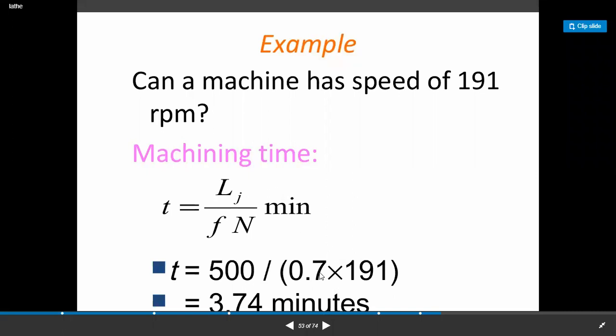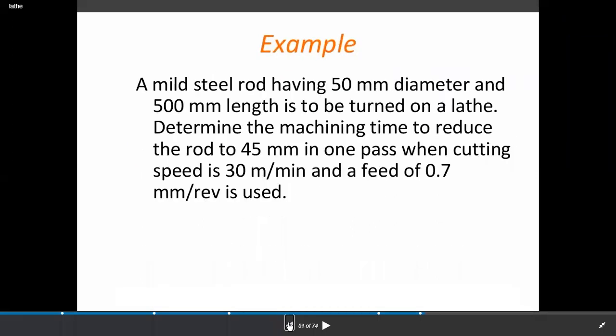So machining time t is equal to 3.74 minutes. So for reducing the job, we can see some actual practical example.